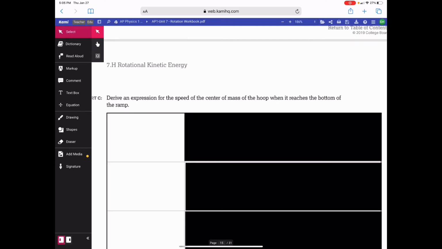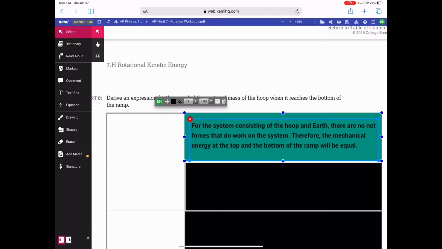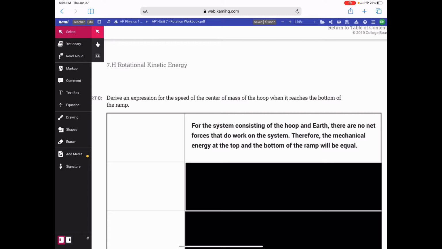So, part C. For the system consisting, excuse me, of the hoop and Earth, there are no net forces that do work on the system.